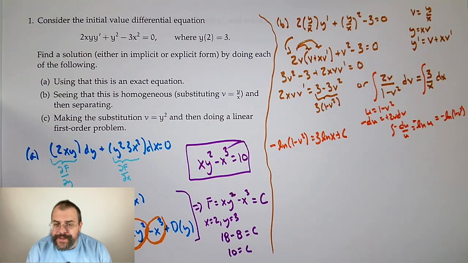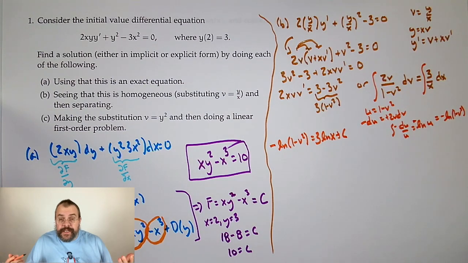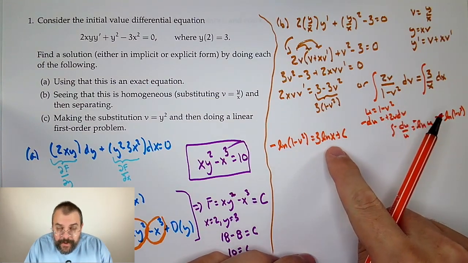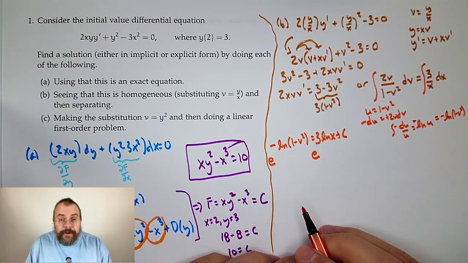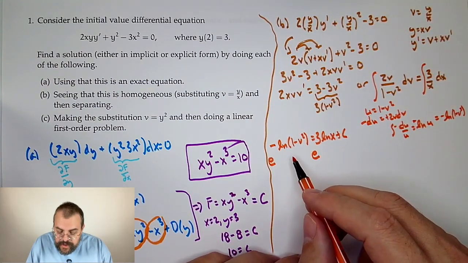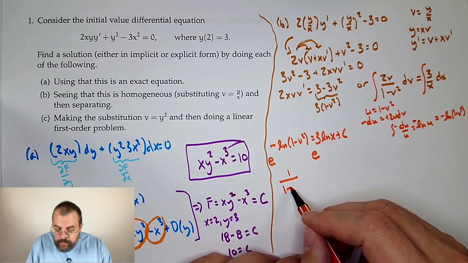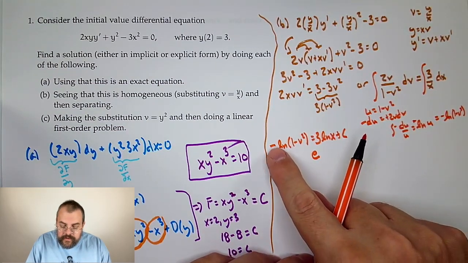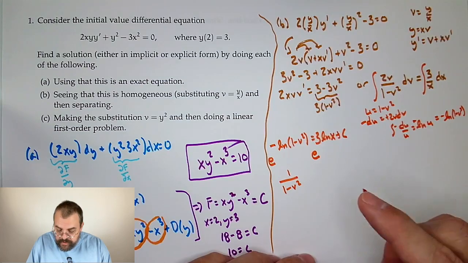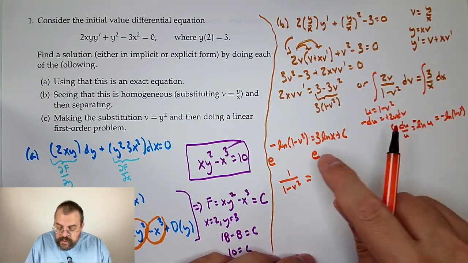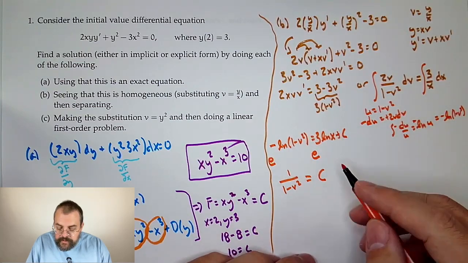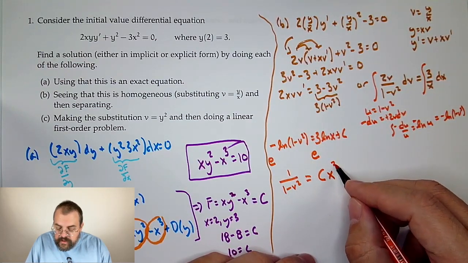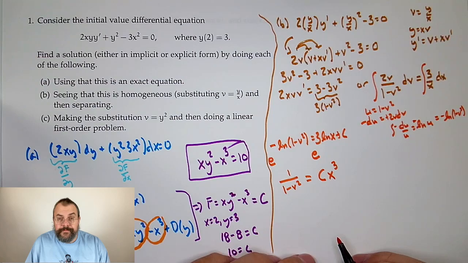Okay, where to next? Well, the next thing is, let's get rid of our logs. So we're going to take both sides to the e power. So here we'll have 1 over 1 minus v squared, because the minus means it's 1 over. On this other side, e to a constant is a constant, and here the 3 comes up, so that's x cubed.